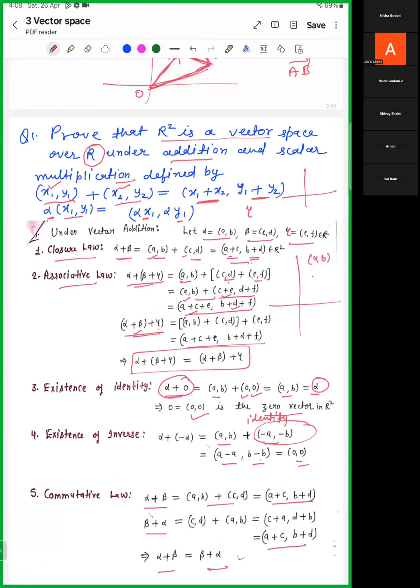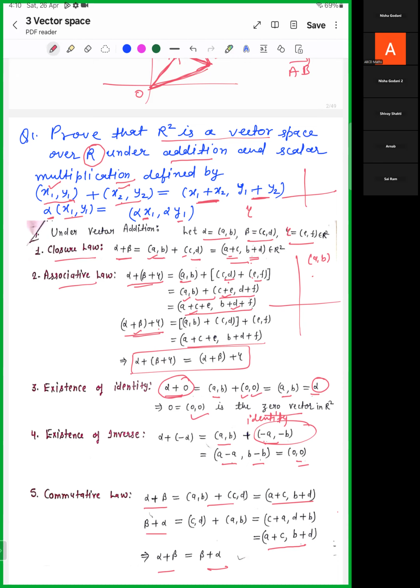Is it clear to all? Is it clear so far that I have discussed about this vector space? Or do you have any confusion, any kind of query? Please let me know, so that if you have clear everything, then I'll move on, because I have to discuss several questions.